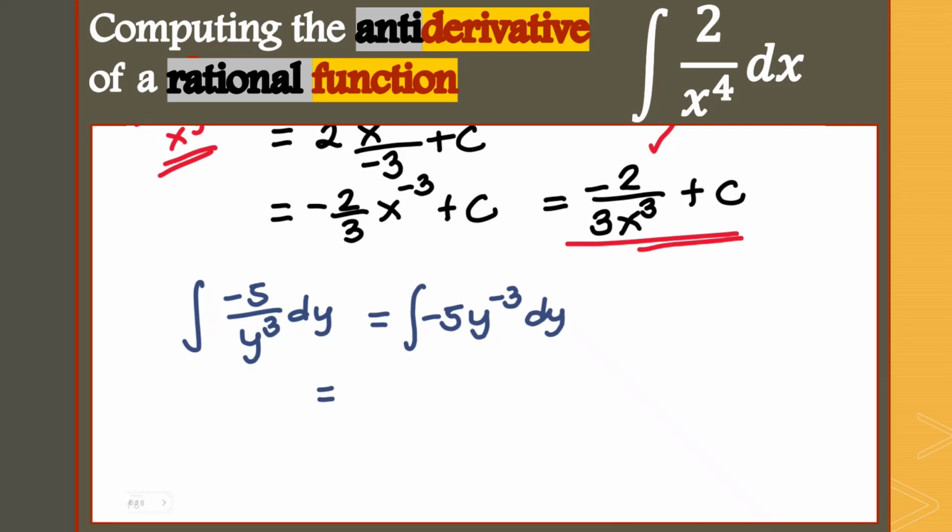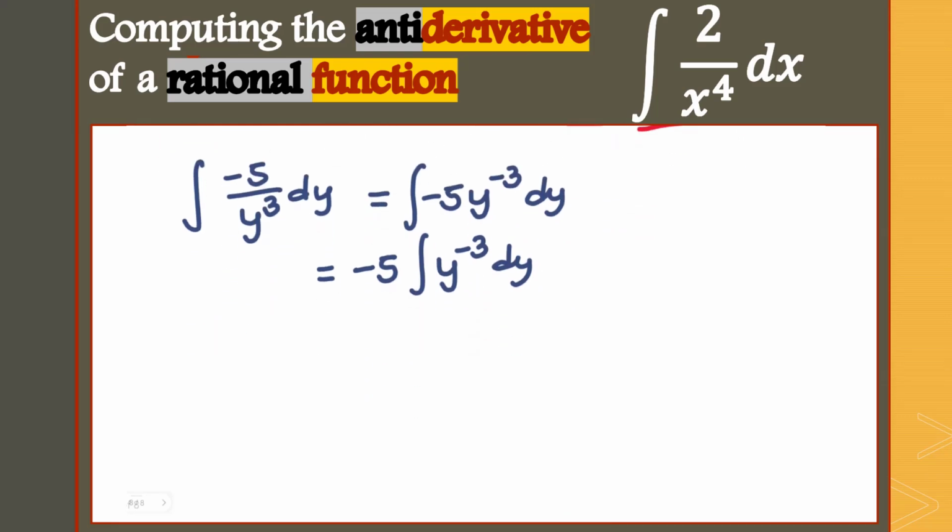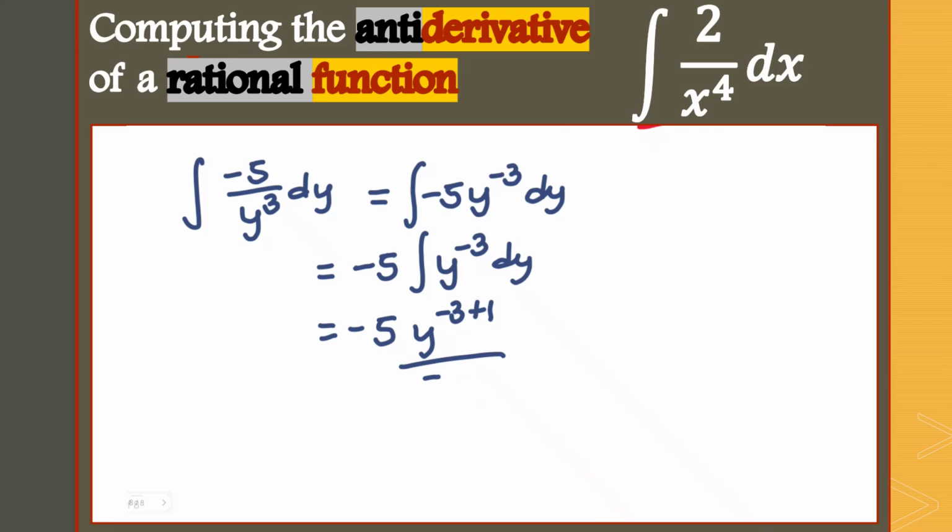Constant multiple rule, -5 is taken outside, y to the power of -3 dy. Then the power rule tells us we have -5 y to the power of -3 plus 1 over -3 plus 1 plus c. Then you will have -5 y to the power of -2 over -2 plus c.